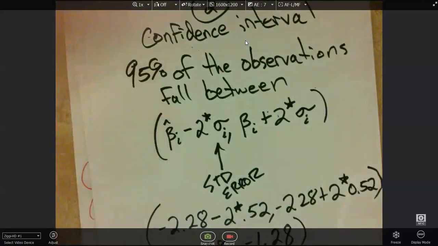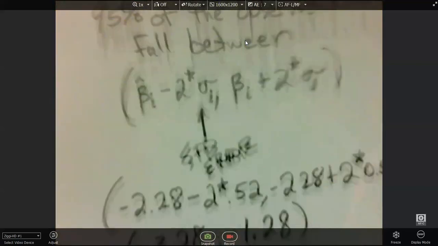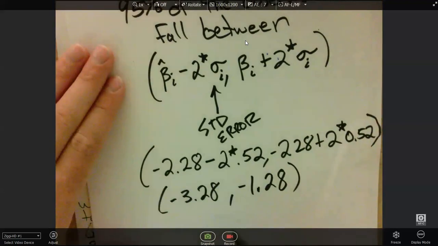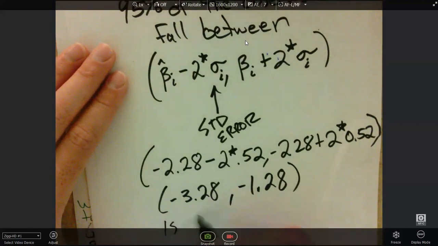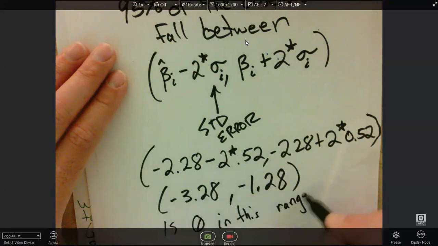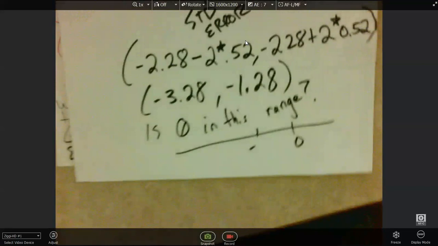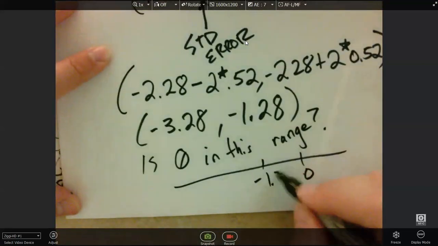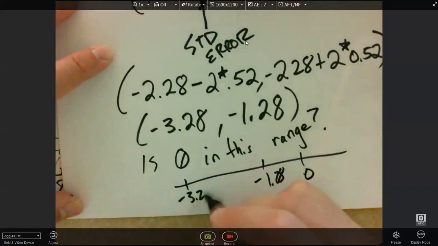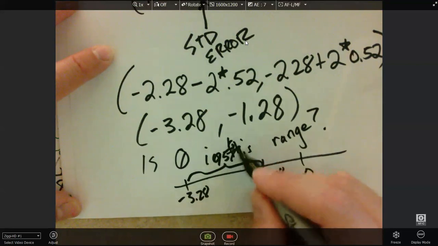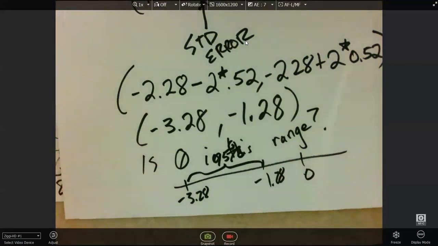And so the point of this is, when I'm doing these confidence intervals, I'm looking to see, is 0 in my number line? Is 0 in this range? And since it's not, if 0 is right here, this is negative 1.28, this is negative 3.28, here's 95% of the time where that coefficient's going to be.